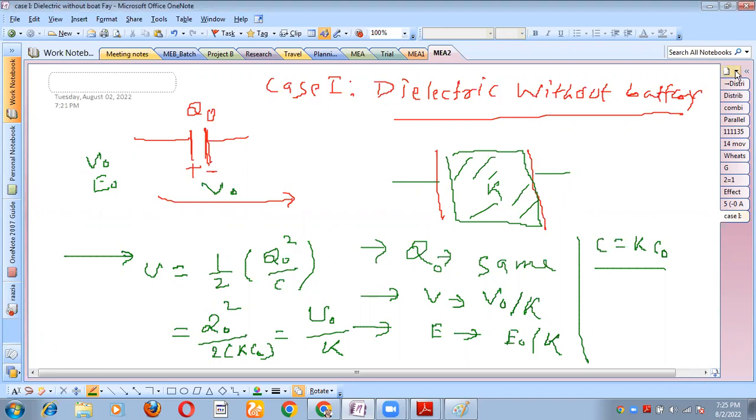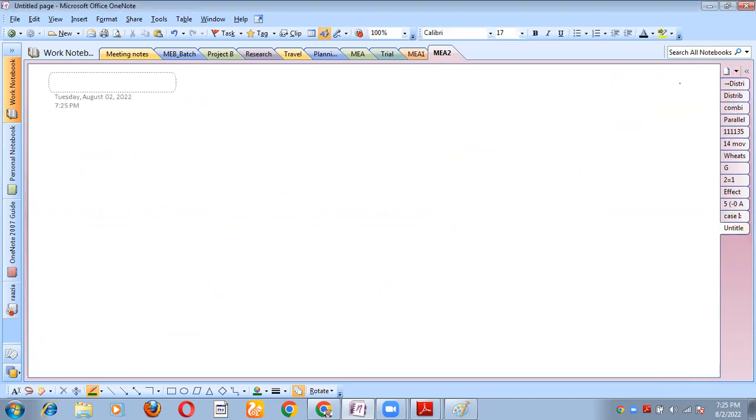The second case is we can insert a dielectric with battery. Case 2: dielectric with battery.